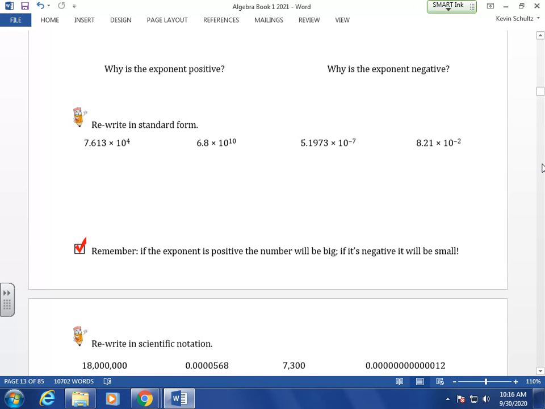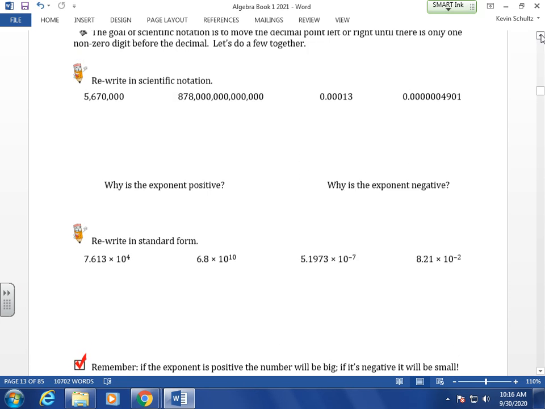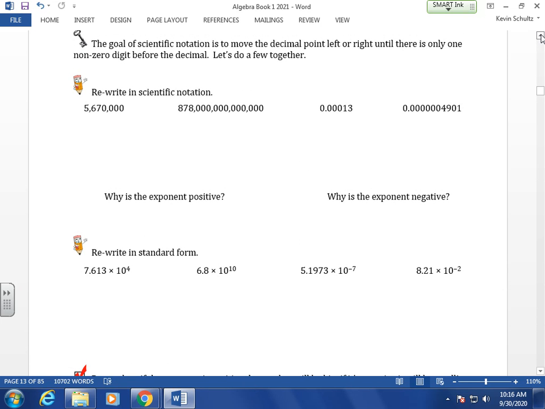Let's practice a little bit. Rewrite in scientific notation 5,670,000. All these zeros we get to eliminate. We have to keep the non-zero digits though. That 5, that 6, and that 7.